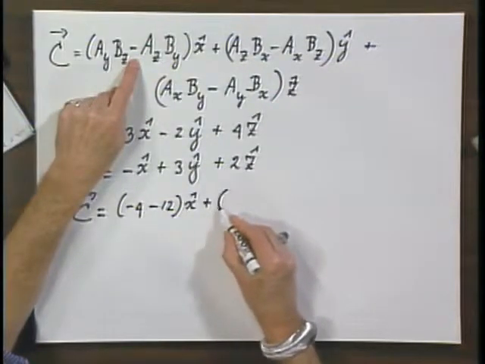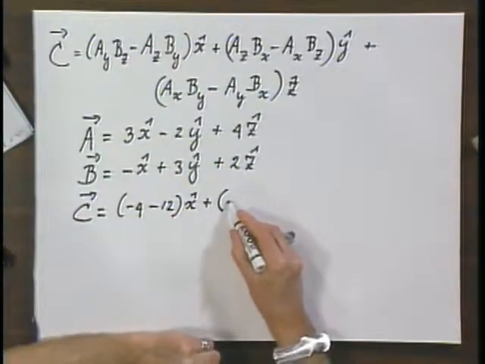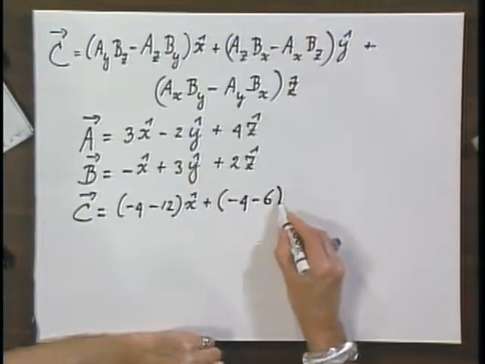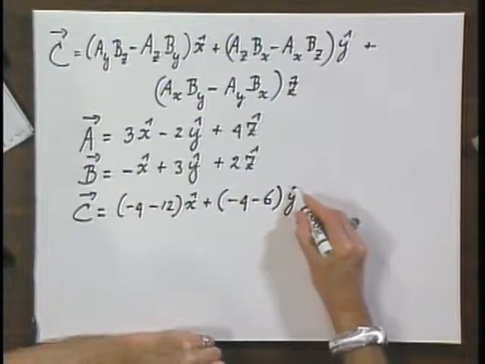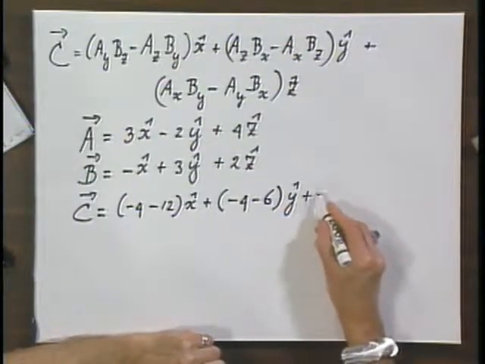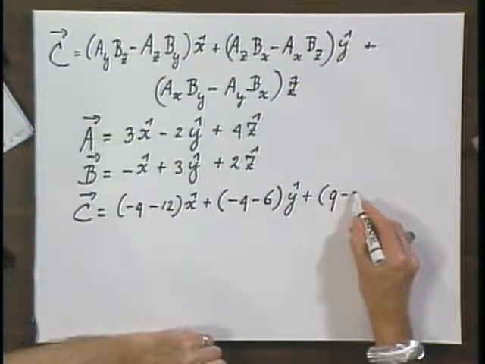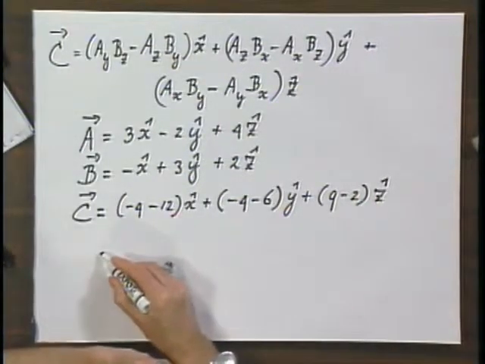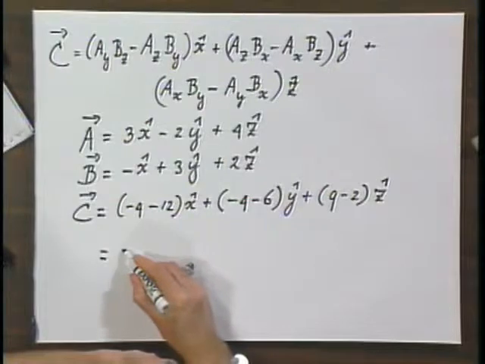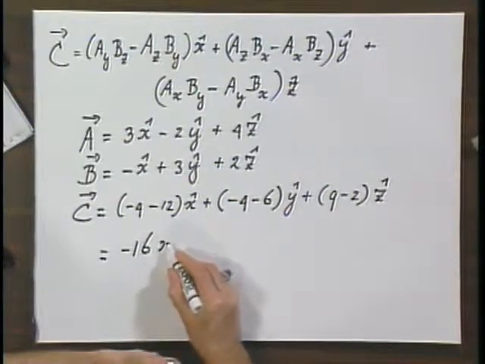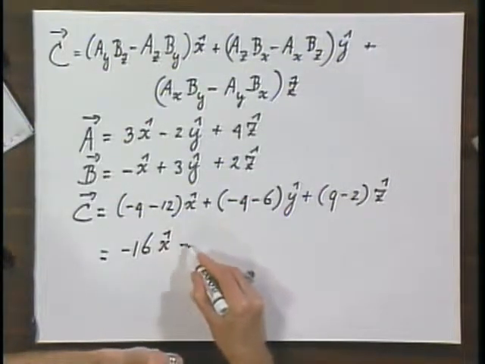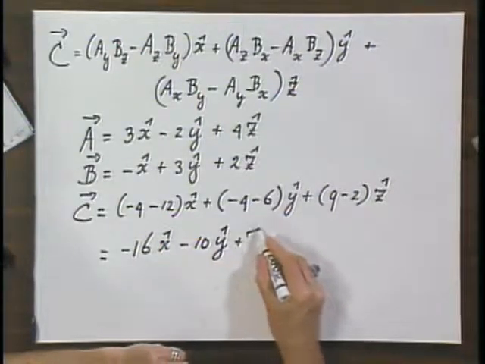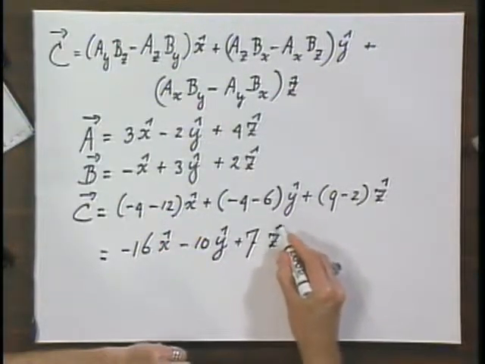Plus, and you check the numbers that I'm going to write down now. You check them for yourself. You better do that, because I could make mistakes. So I find that the vector C equals minus 16 x roof minus 10 y roof plus 7 z roof.